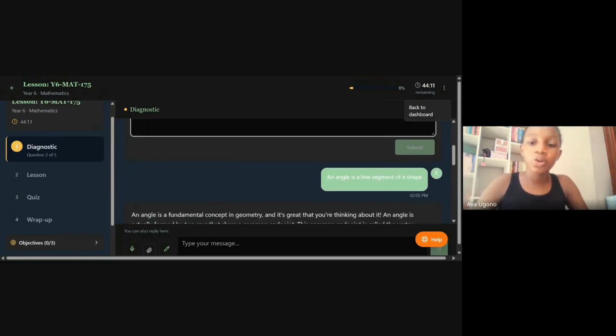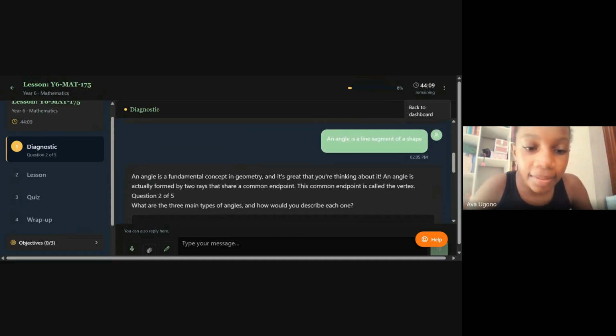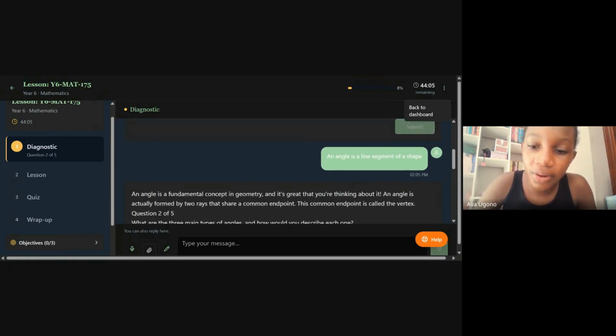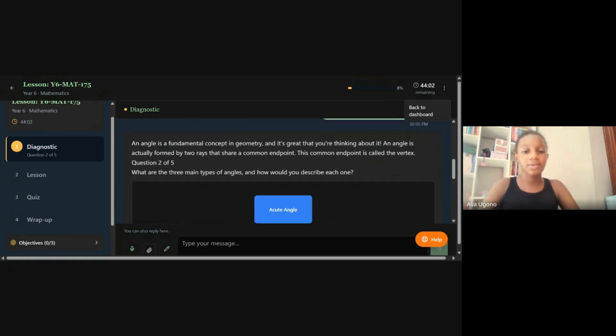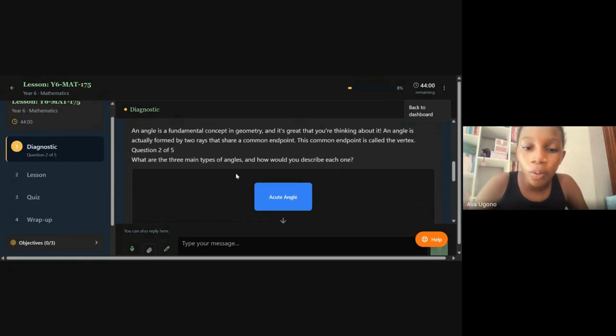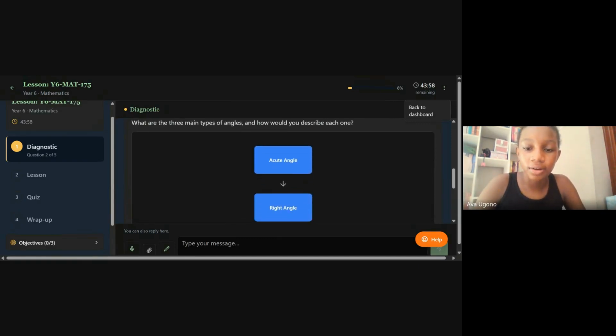So I actually got this question wrong, and you can see the AI is telling me that an angle is a fundamental concept in geometry, and it's great that I'm trying, but I haven't quite gotten it right. So it's now asking me, what are the three main types of angles?